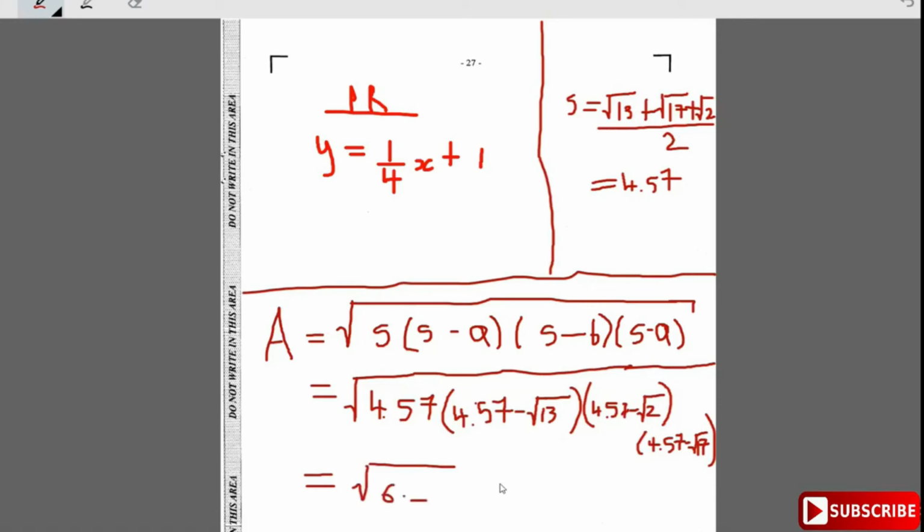And so I'm getting that the area is 2.5, or 5 over 2. So when I do my integration, if I don't get 5 over 2, I know I did something wrong.